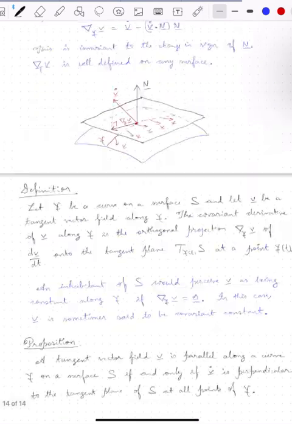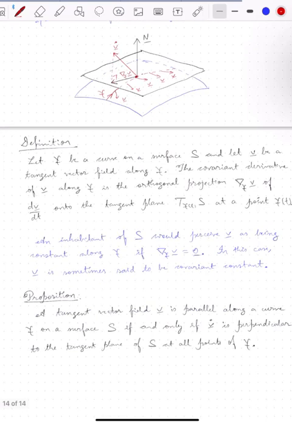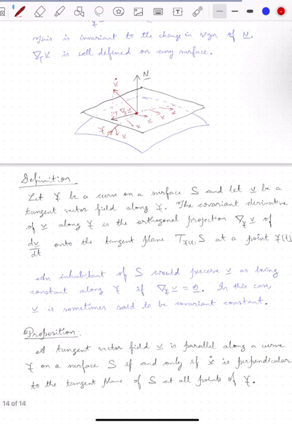So what we see even in the schematic is that V vector is nowhere parallel to gamma vector, right? So in this case, gamma vector is pointing this way, but they do not point in the same direction at any point of gamma vector in general, right? But if you would want a vector field which is always parallel to the curve on a surface, this would only happen if V dot vector is perpendicular to the tangent plane at all points of gamma.